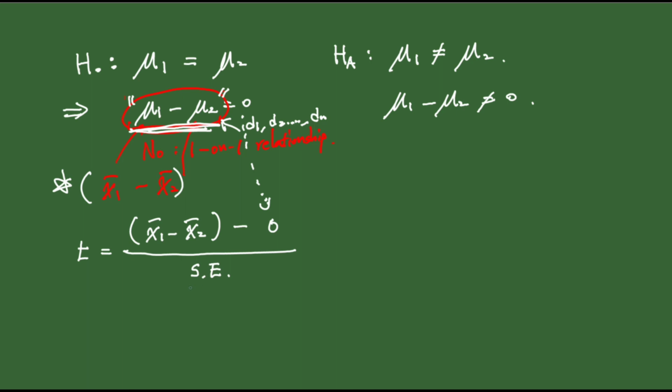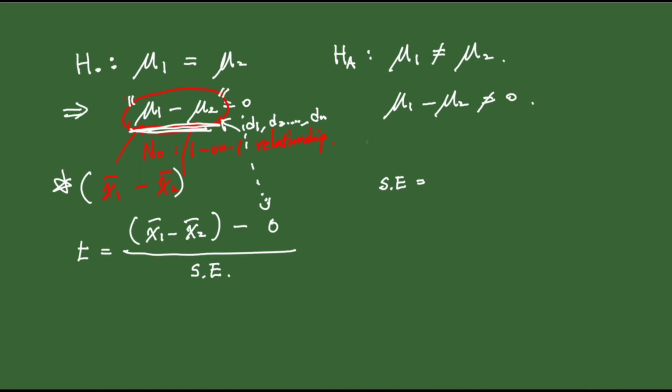And this is the hardest part when we think about the two independent sample t-test. So this standard error, usually when we have a one sample t-test, we have this one. But now we have two groups, and each group has its own sample standard deviation.